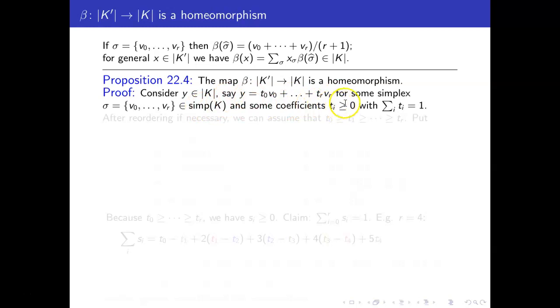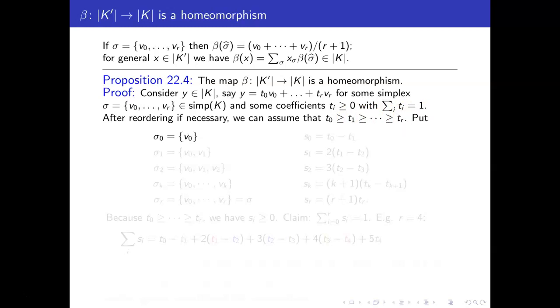These coefficients ti, as usual, are non-negative and their sum is equal to 1. But we're going to choose to number the vertices as follows. We take v0 to be the vertex with the largest coefficient, then v1 to be the one with the next largest coefficient, and so on. So t0 is greater than or equal to t1, greater than or equal to t2, etc. They're in decreasing order.